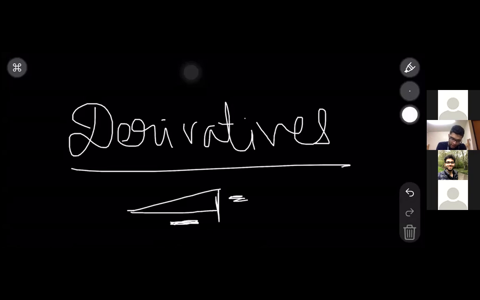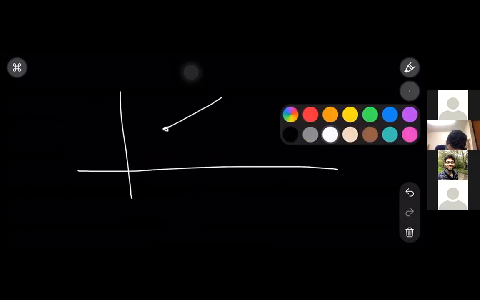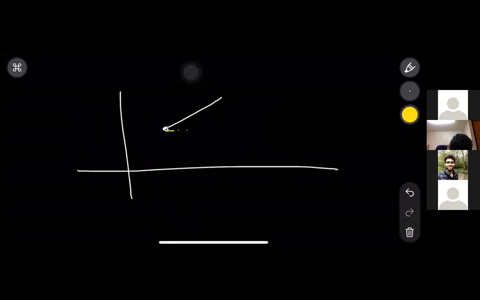Okay, let's look at it this way. We have a graph, and we have this line over here. We want to calculate the slope of this line. So we draw some imaginary dots over here, and then let's call this P. Let's call this Q. Do we all agree that the slope of this line is going to be P divided by Q?